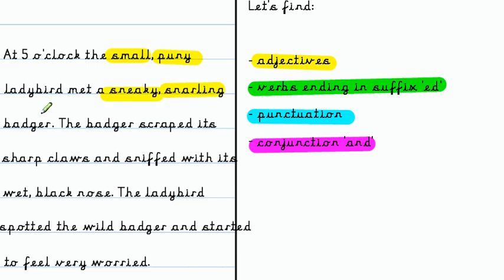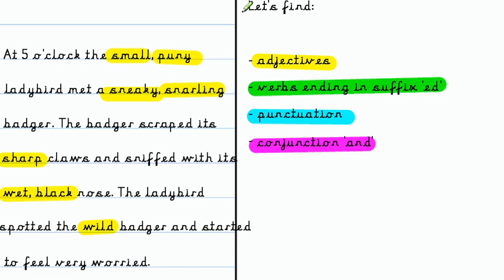Fantastic. The badger scraped its sharp claws and sniffed with its wet black nose. The ladybird spotted the wild badger and started to feel very worried.